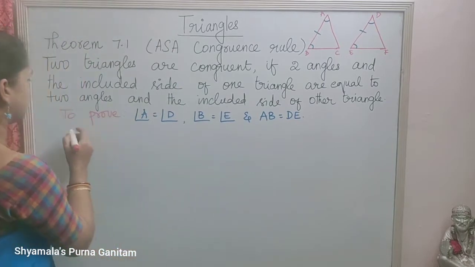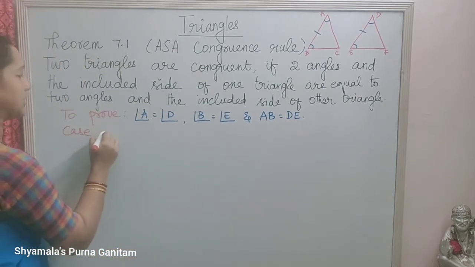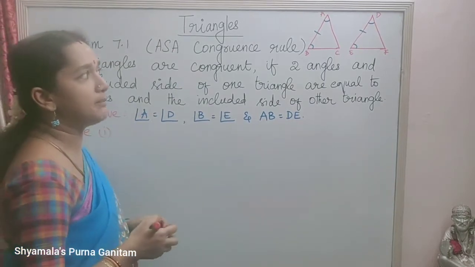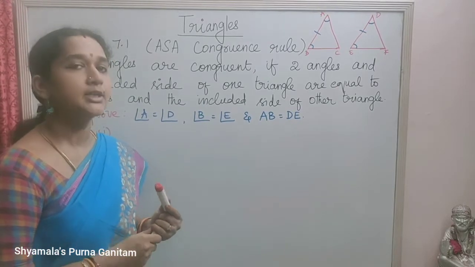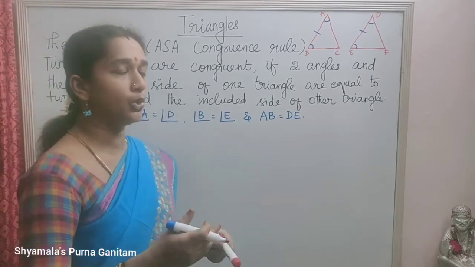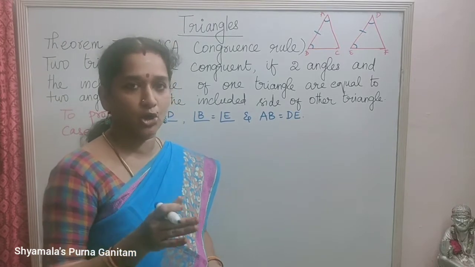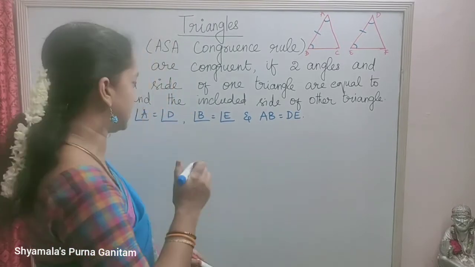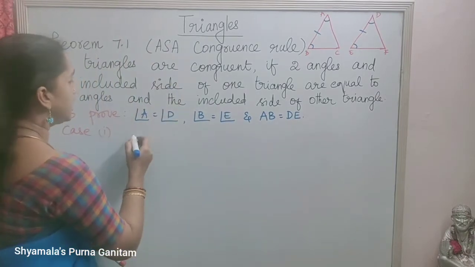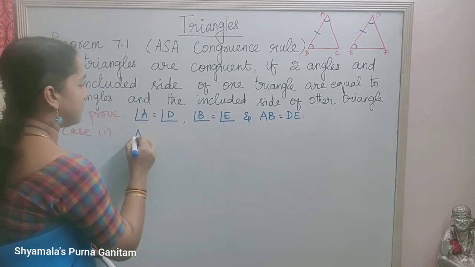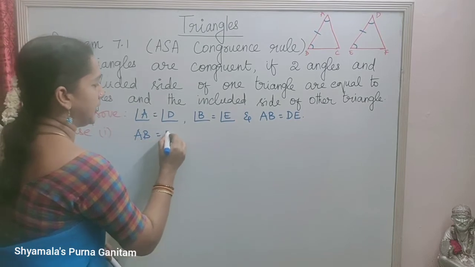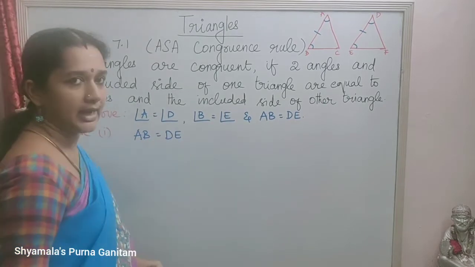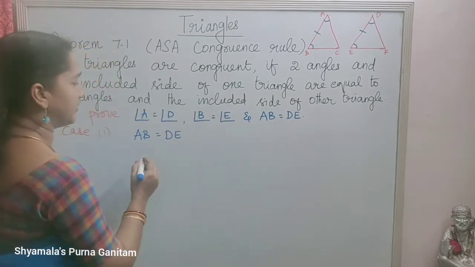Okay, so case 1: we will take AB equal to DE. For proving that, as I told you, we will use SAS congruence, that is, two sides and one angle are equal. So in this triangle, AB is equal to DE, that is given.